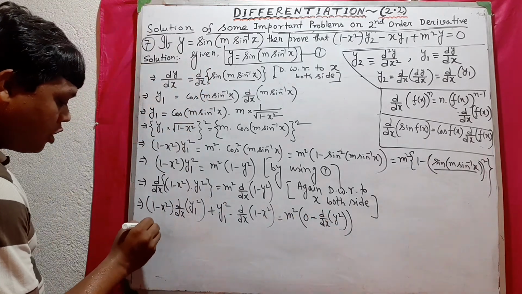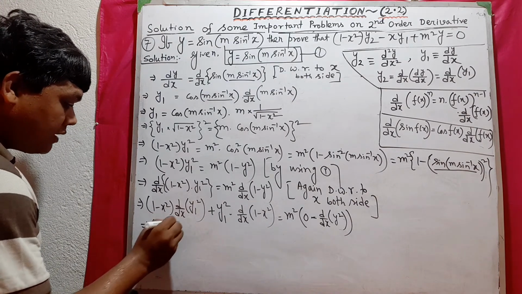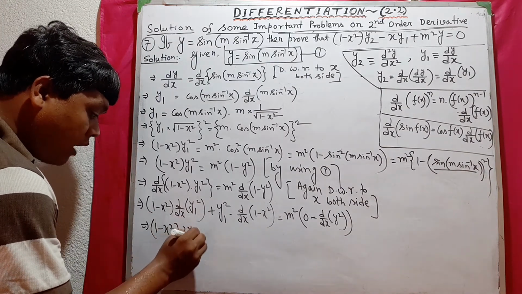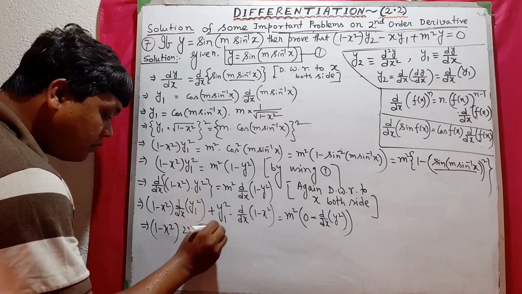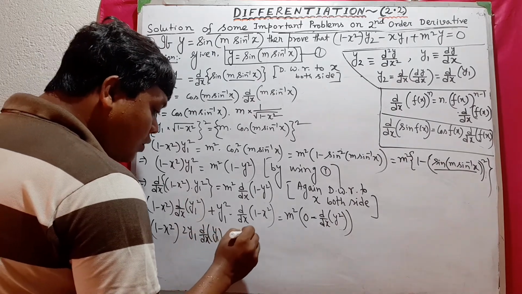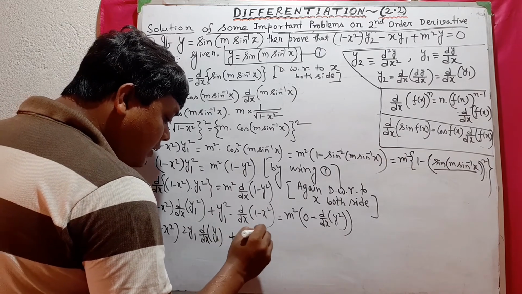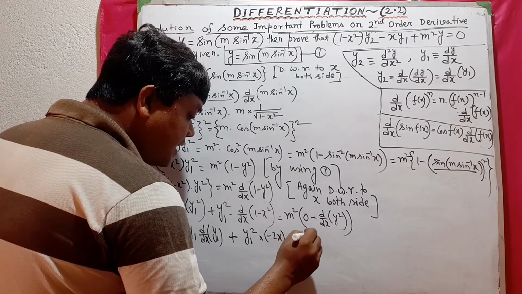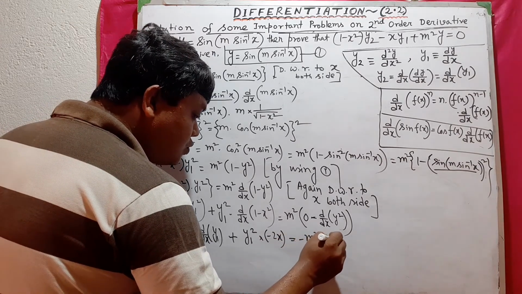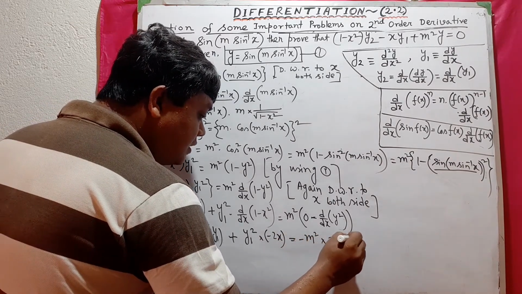Okay, now we put 1 minus x square, 2 into y1 d/dx of y1, plus y1 square into minus 2x, minus m square into 2y into dy/dx.